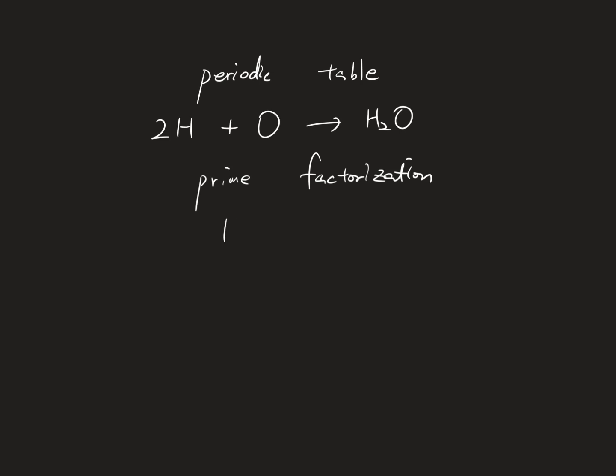For example, 12 is 2 squared times 3, and we can say 12 is composed of 2 and 3. So we generate using 2 and 3. In the periodic table case, elements are a kind of basis, and in prime factorization, prime numbers are a kind of basis. But in mathematics, a basis is not unique. So in that sense it's different, but the concept is quite similar.